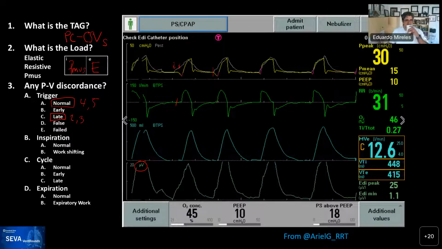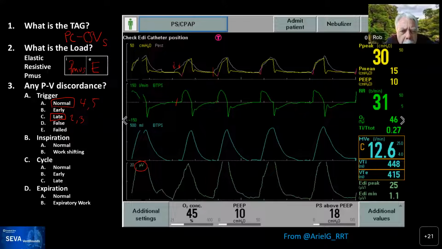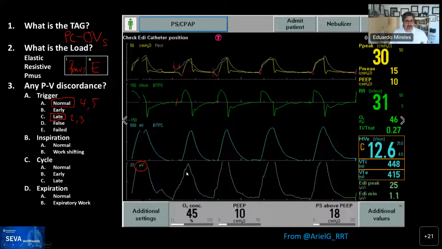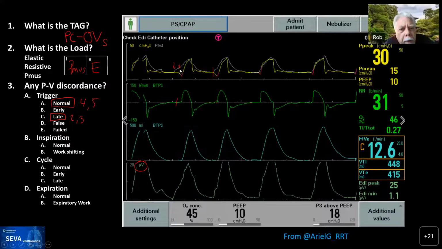Fair enough. So Eduardo, that's a good point. Yeah, go ahead. This is Ren. That line is the pressure that you would get with whatever NAVA level was left in the machine when you put the EDI catheter in. Perfect. Thanks, Ren. So we do agree that because it's overlaid, this is a manifestation of the EDI when the neural signal started, correct?